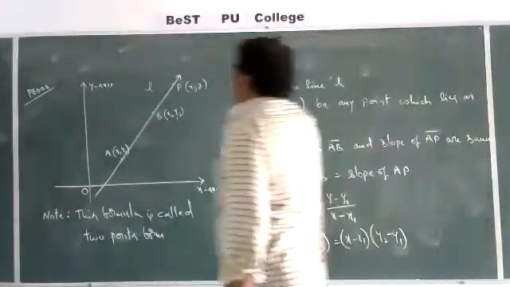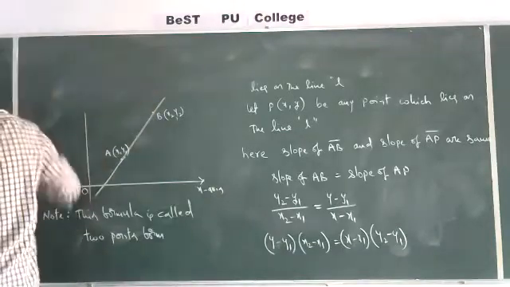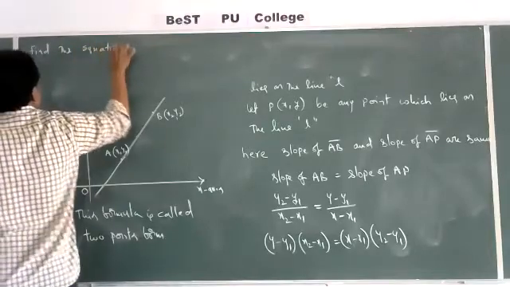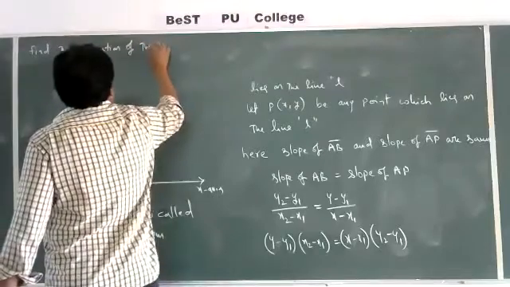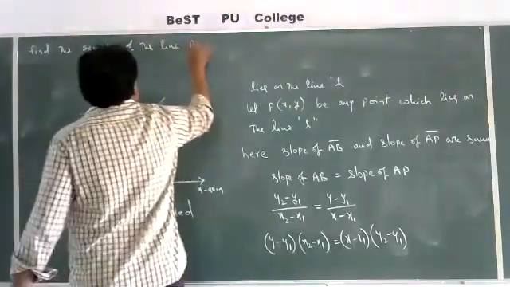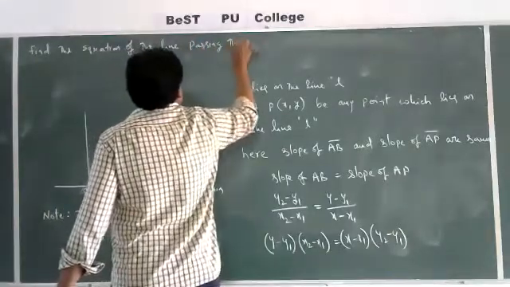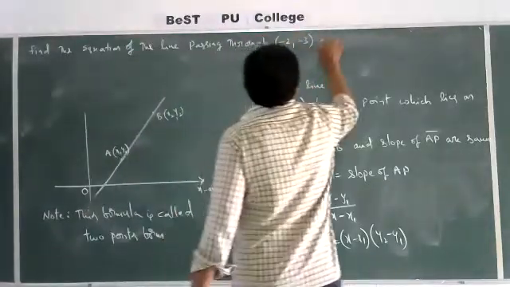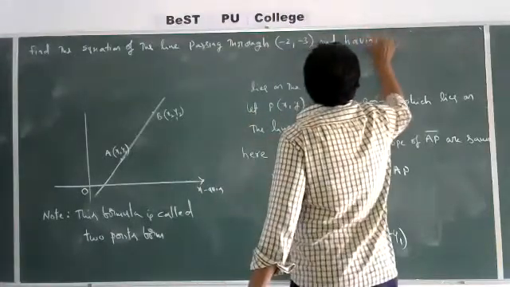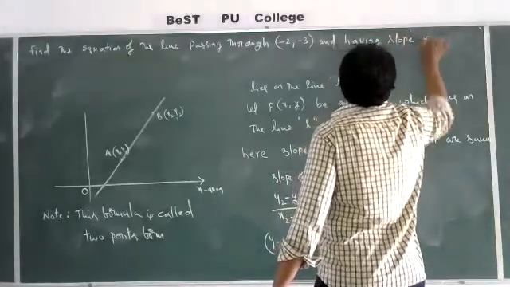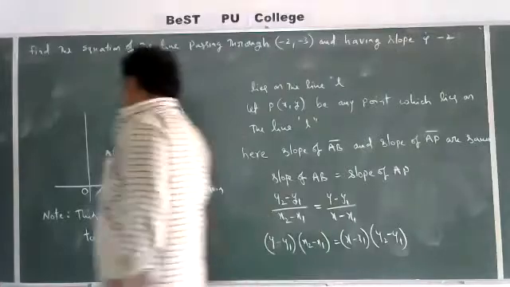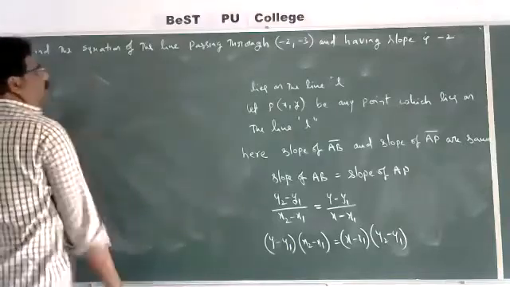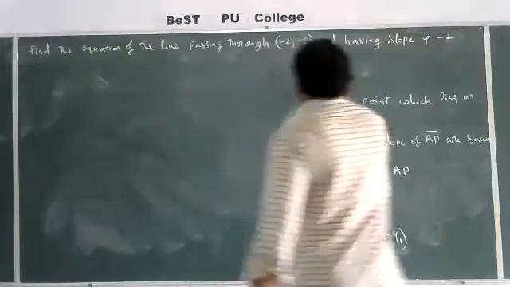Write a problem. Find the equation of the line passing through (minus 2, minus 3) and having the slope minus 2.